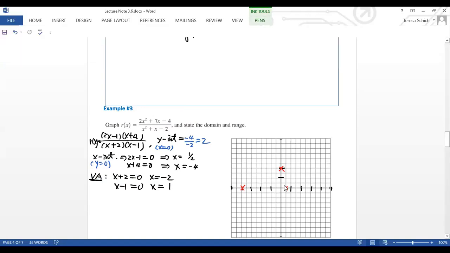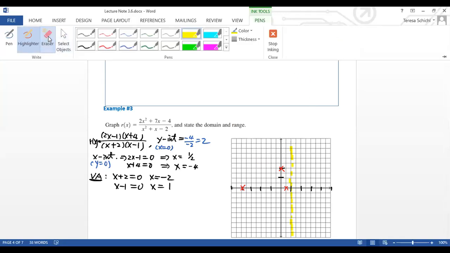Let's try to graph these. For x equal to 1, it will be like this. This dotted line is x equal to -2. Well, this is kind of too big and doesn't look good.